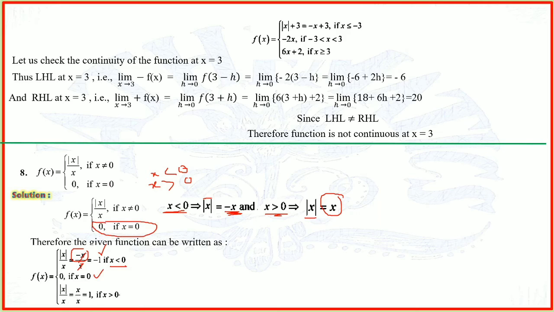But when x is greater than 0, at that point modulus x upon x, and then x and x cancel, so we have the value for x greater than 0 equal to 1. X and x cancel out.